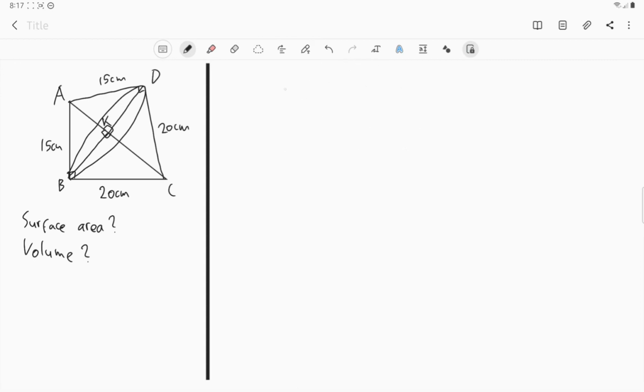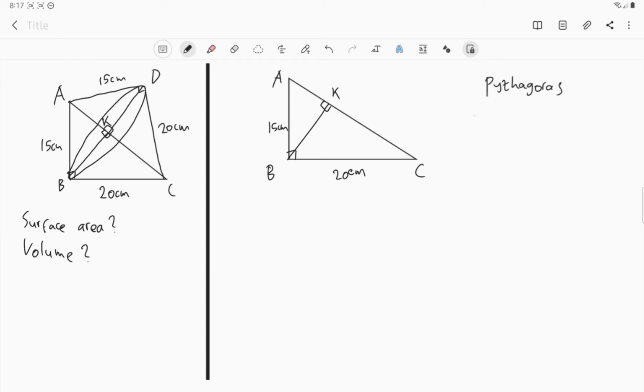Let's see from A, B, C. Okay, from Pythagoras, AC squared equals AB squared plus BC squared, which is clearly AC equals 25 centimeter.